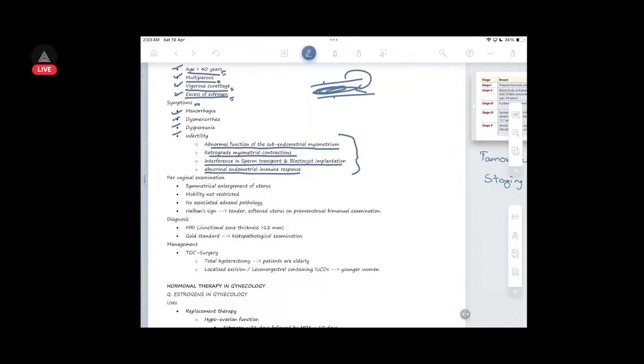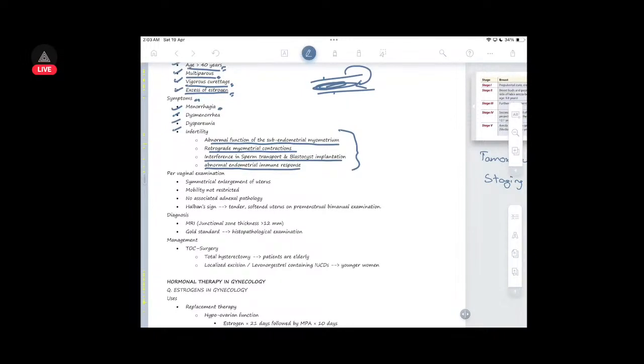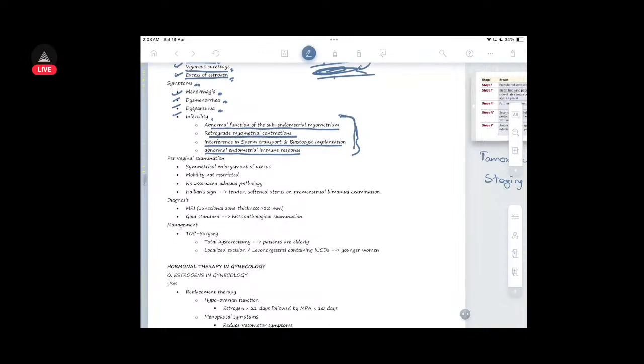So symptoms, they'll have menorrhagia, dysmenorrhea, dyspareunia, and infertility, which is due to abnormal function of the subendometrial myometrium. Dysfunction of the myometrium and endometrium will lead to infertility.